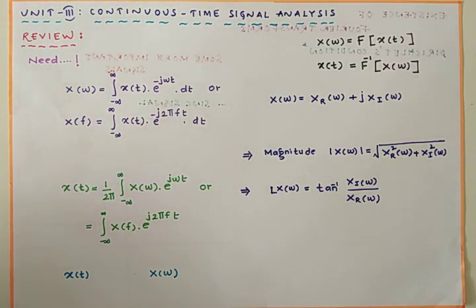That means the Fourier series has some limitation. It can be applied to signals which repeat periodically over the time interval minus infinity to plus infinity, and those are called periodic signals. So it cannot be applied to non-periodic signals, which we may call aperiodic signals.